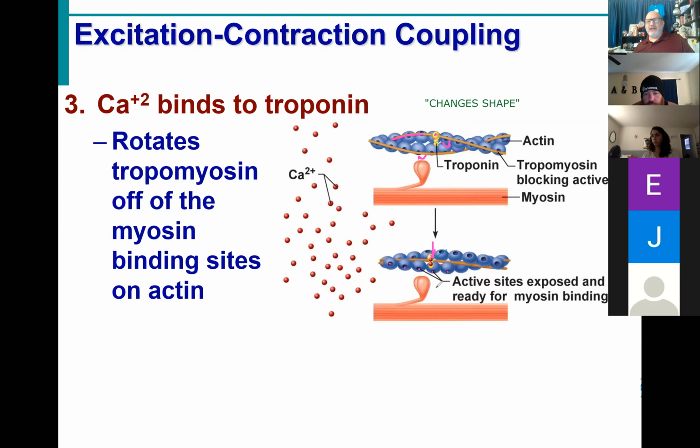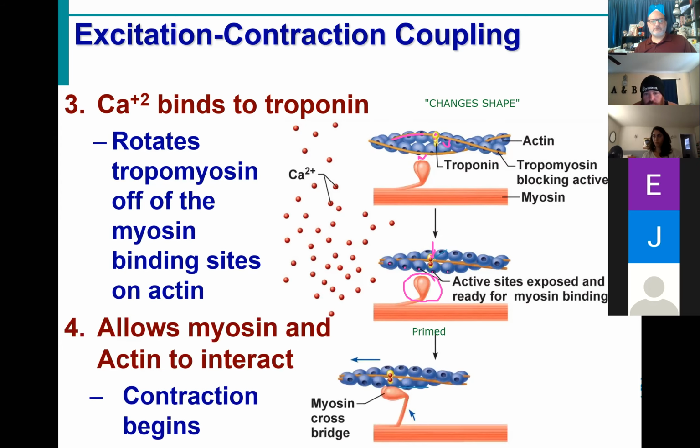And now that the binding sites are open, as Brian pointed out, those myosin heads, which are cocked, we can use the term primed, ready, primed and ready to do work, now can finally do the work that they wanted to do. So our myosin can grab onto the actin, and our contractile cycle is going to begin.